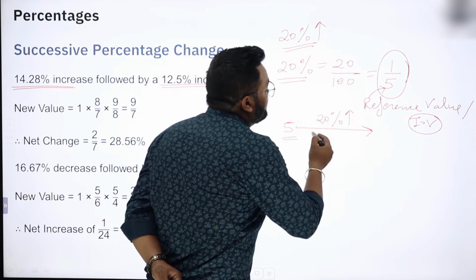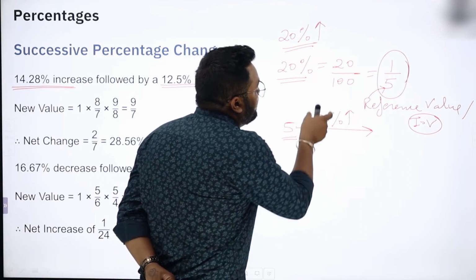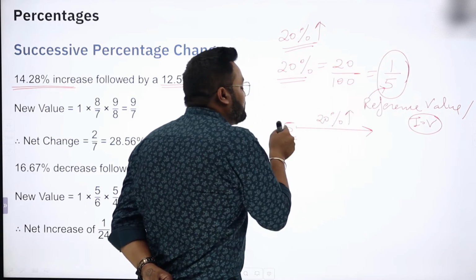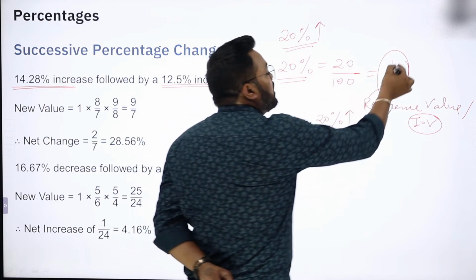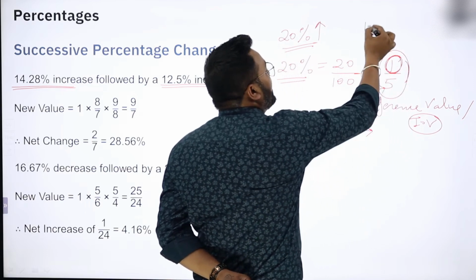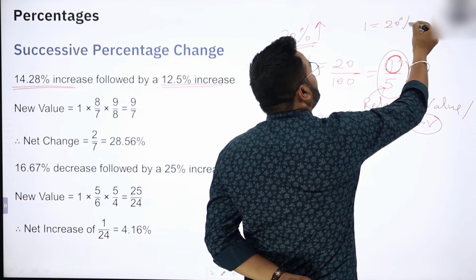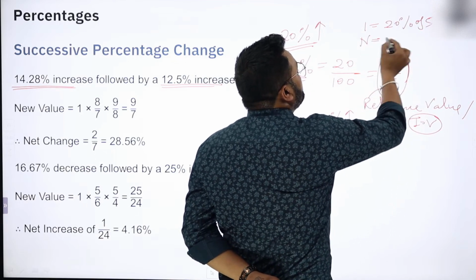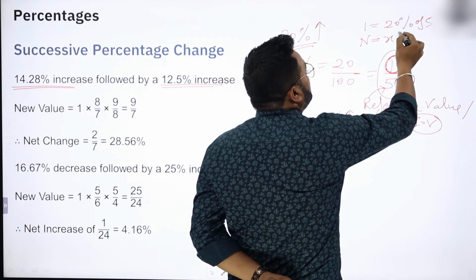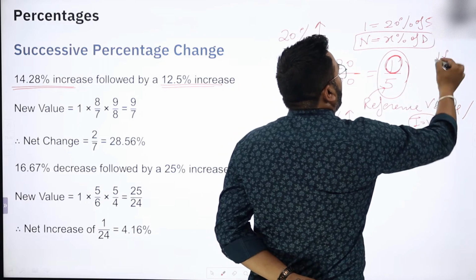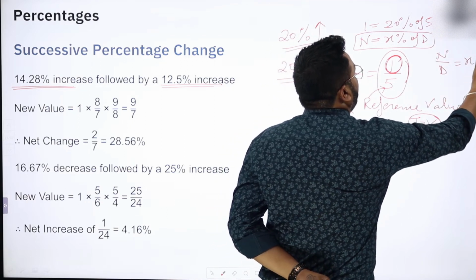Because 20% is 1 by 5, 1 by 5 of this 5 is 1. So this numerator value represents the 20% of 5. There is one concept that the numerator value is equal to X% of the denominator, when n upon d is equal to X%.